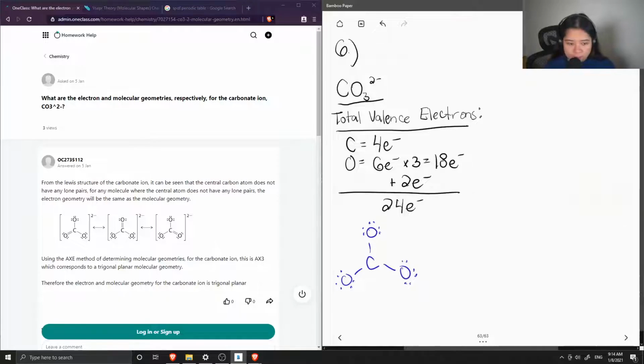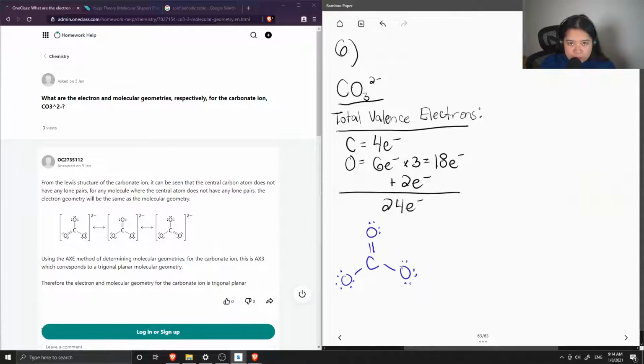But if we look at our carbon atom, it doesn't have a full octet. So I need to make one of these oxygens double bonded and erase one of the lone pairs. Now if we count it out, I still have 24 electrons, except this time my carbon has a full octet.